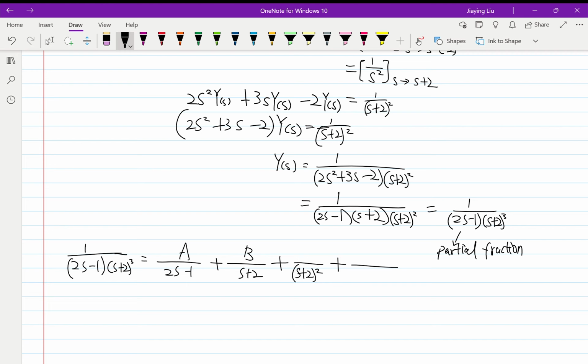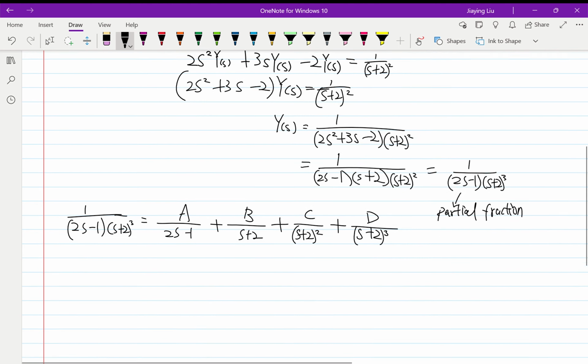So the first one is s plus 2, the second one is (s plus 2) squared, and then we have (s plus 2) cubed. We just increase the exponent by 1 each time. The numerators are just constants C, D.